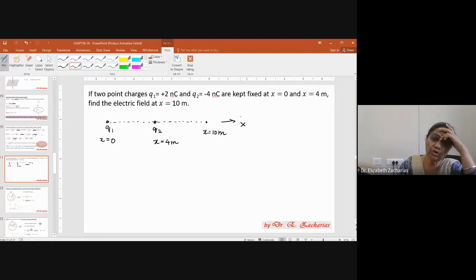So how do you go about doing this problem? How should you do the problem? Quick. What will be the field at the point P because of Q1 and Q2?